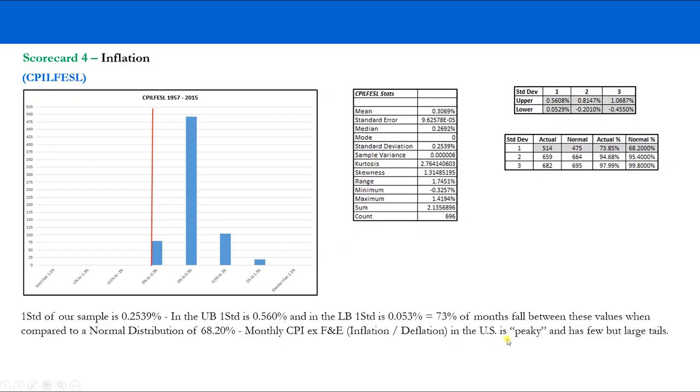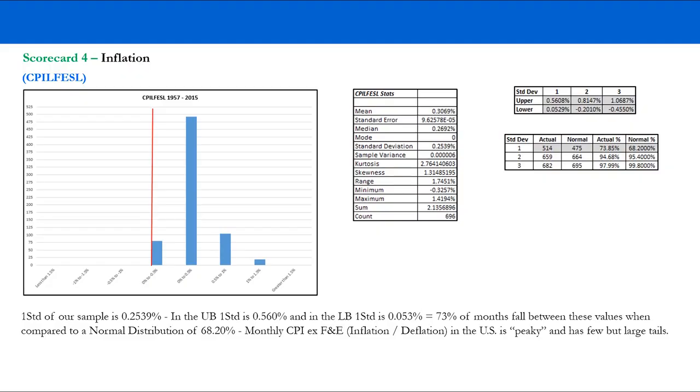What we get to in terms of concluding in this distribution relative to a normal distribution is that essentially it's much more positive data, similar to the CPI including food and energy prices. But also, for CPI ex food and energy, inflation or deflation in the US, the distribution relative to a normal distribution is peakier and has fewer but much larger tails.